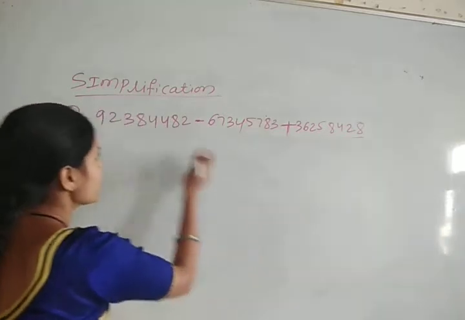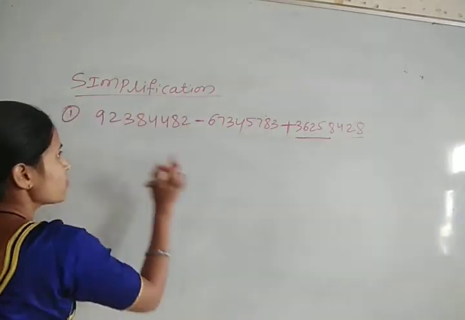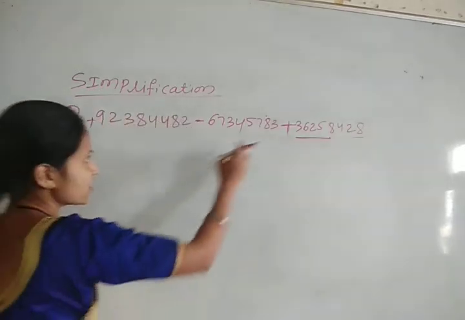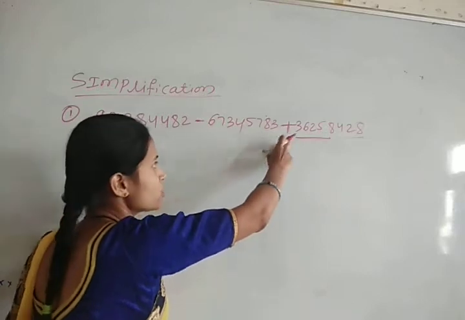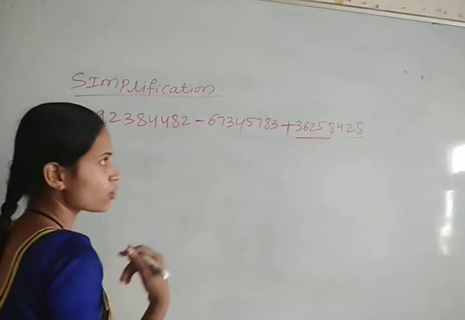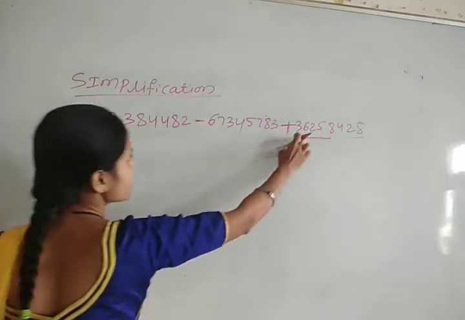You should add. Here I will add this number and this number, because this number has a plus symbol and this also has a plus symbol. So group the two numbers which have the same symbol, that is the addition symbol, on one side. I will group this number and the third number on one side.